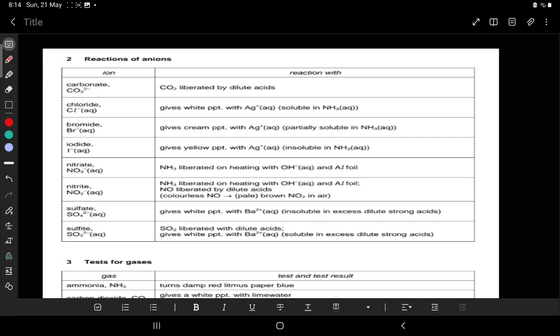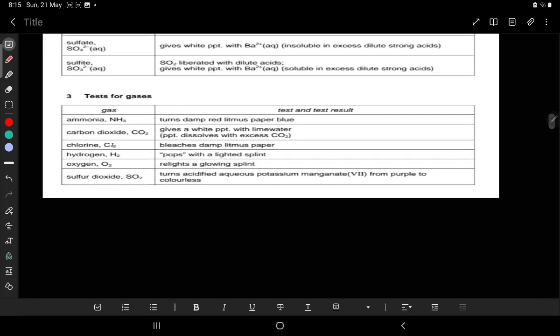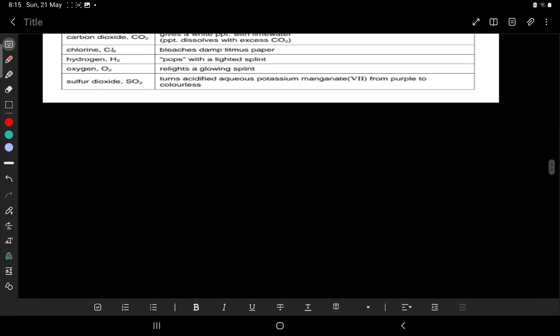Today I will discuss the reaction of anions in question 3 of paper 3 AS level chemistry. Before discussing the tests and notes of the anions, you should know the solubility of the salts.